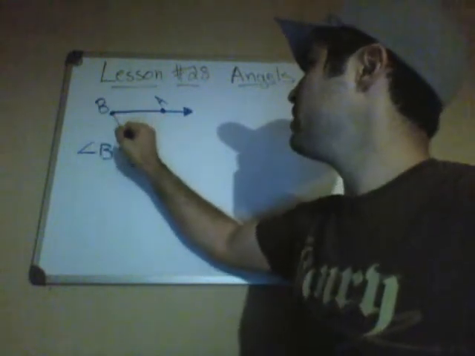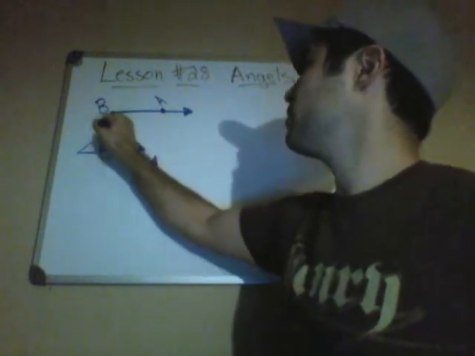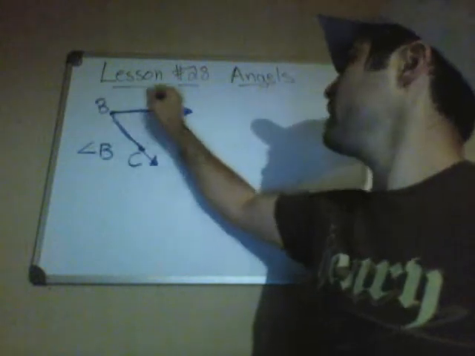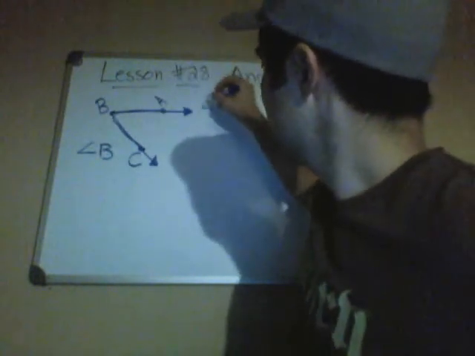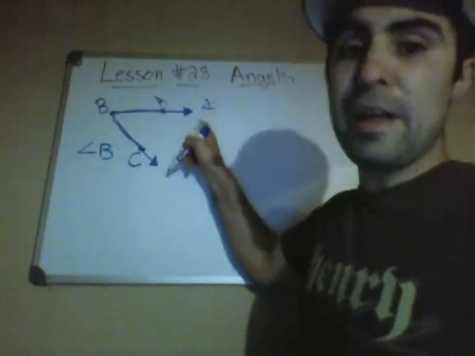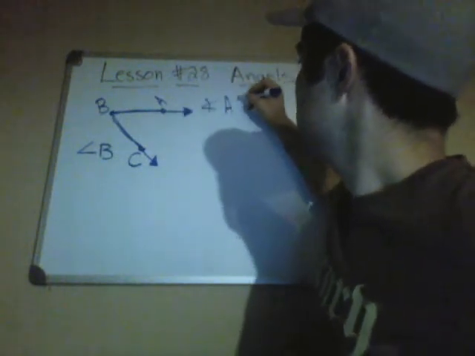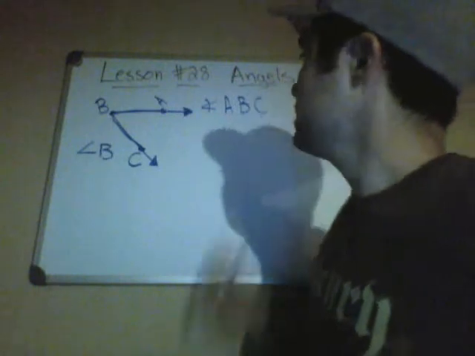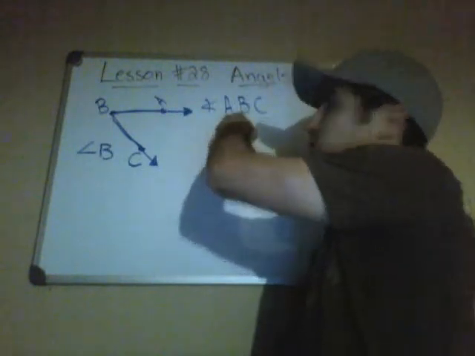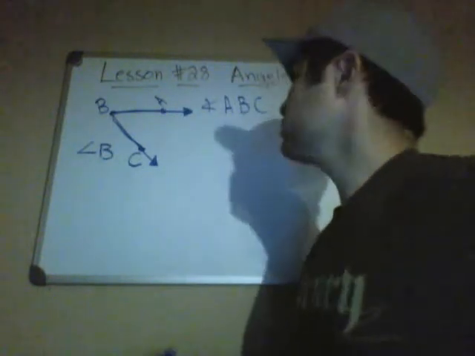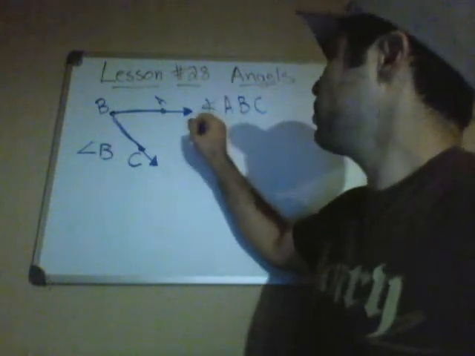If I wanted to name this angle that went from C to B to A, I would name it, with the symbol that means angle in math, angle A, B, C. Since B is a vertex, it should always be in between the other two points.